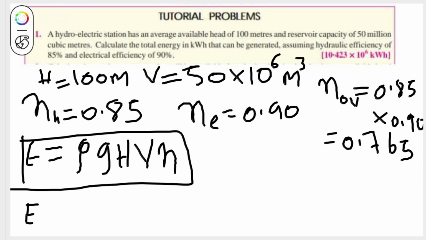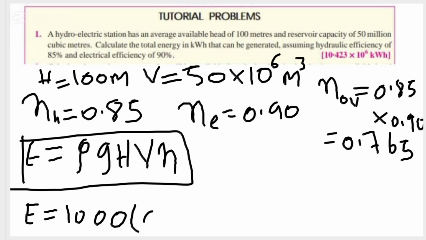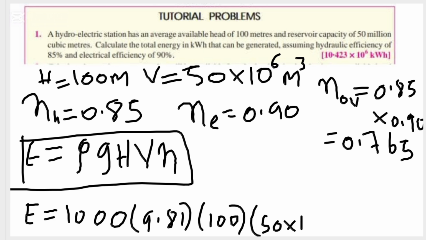So this E will now be equal to the density, which is 1000, the density of water, multiplied by g, which is 9.81, and also multiplied by the height, which is 100, and also multiplied by the 50 million, times 10 raised to the power of 6, and also multiplied by the overall efficiency, which is 0.765.